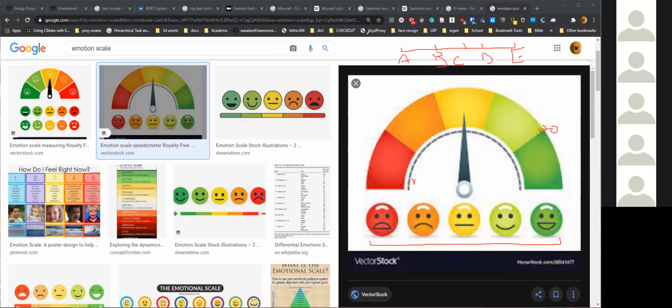But in reality, it might be that very not happy is over here, not happy is here, then neutral is here, and then happy is here. So maybe the distance is not the same. So these 5 points refer to very sad, not so sad, neutral, happy, and very happy. Does it make sense? Yeah, makes sense.